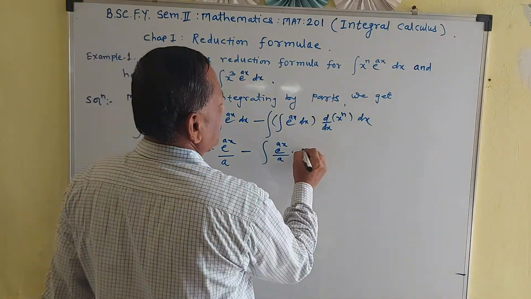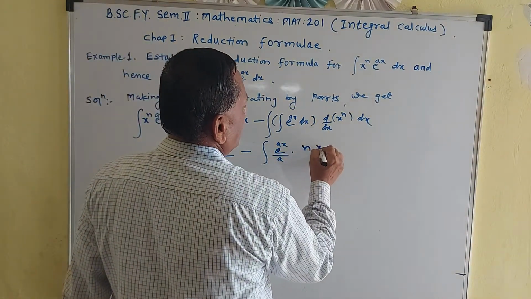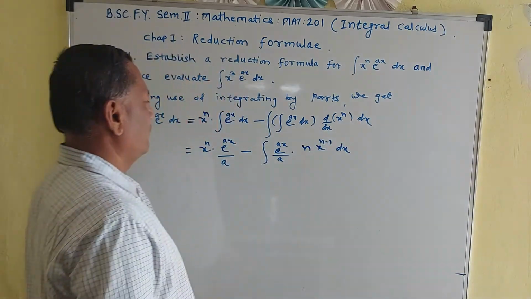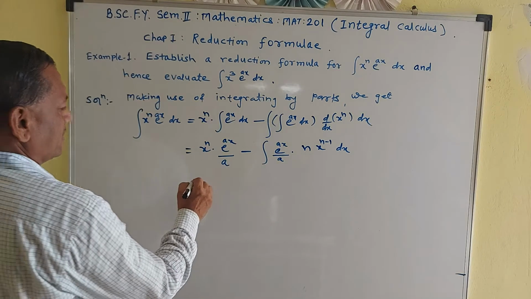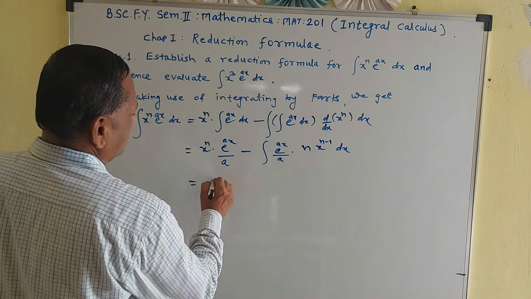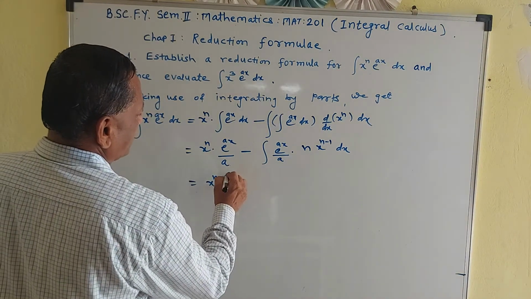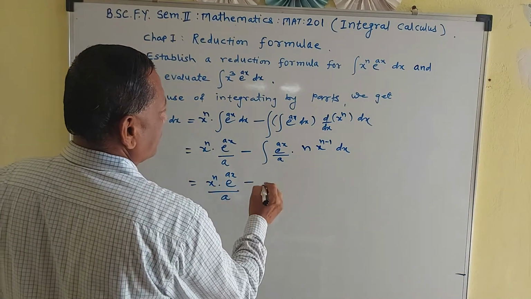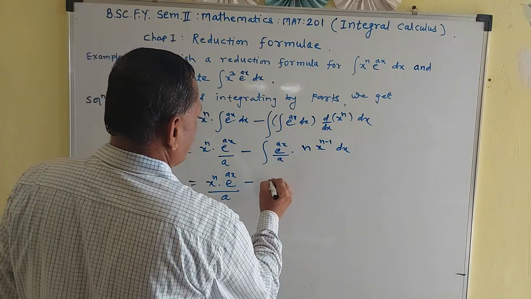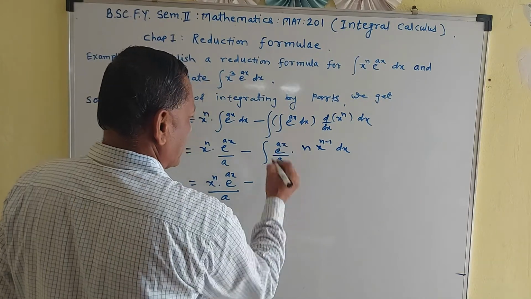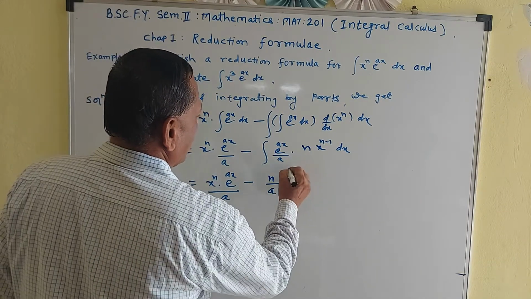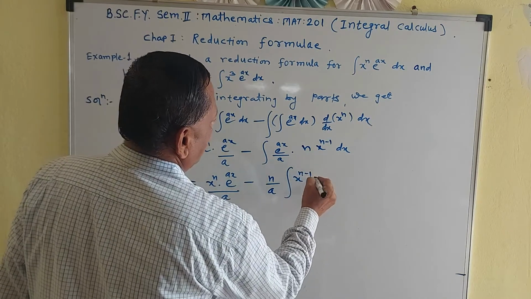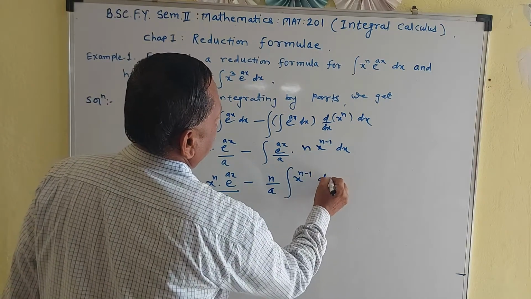So its derivative is n into x raised to n minus 1 dx. So this can be written as x raised to n into e raised to ax upon a minus, here n is constant, out of the integration, n upon a into the integration of x raised to n minus 1 into e raised to ax dx.